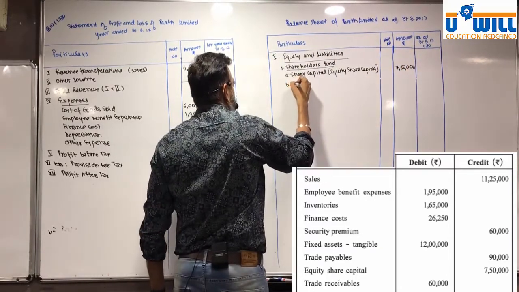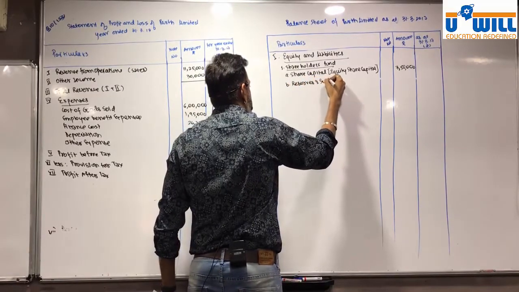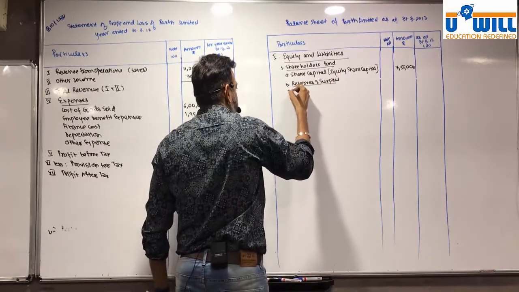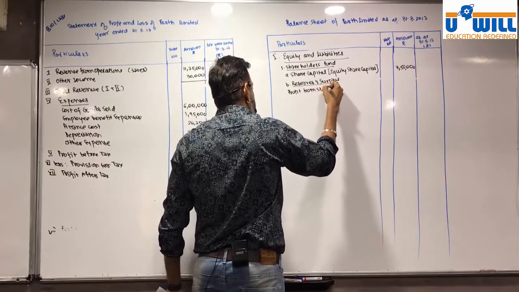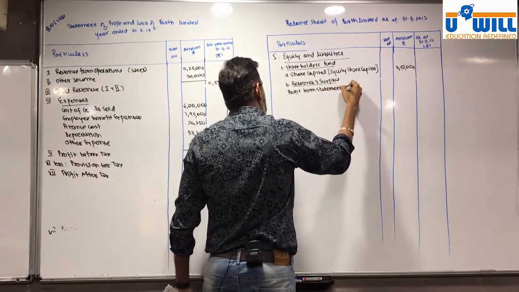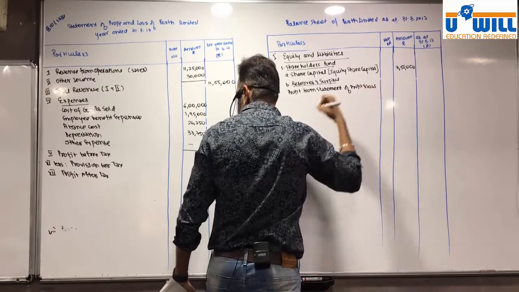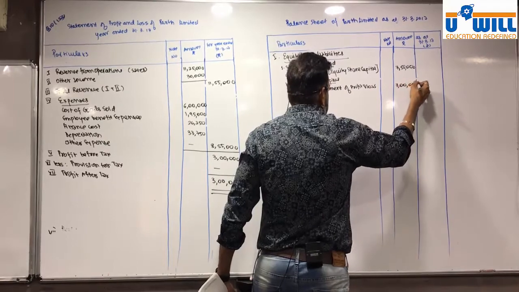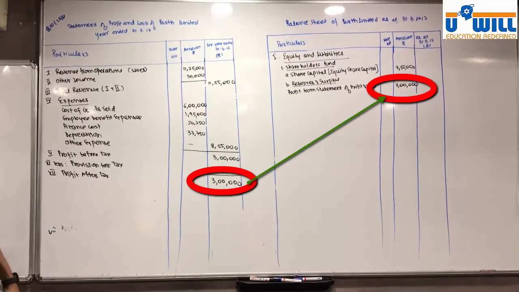B, reserve and surplus. Here we have profit from statement of profit and loss, 3 lakhs. Where did the 3 lakh come from? From statement of profit or loss.